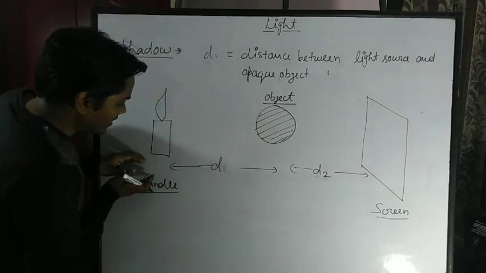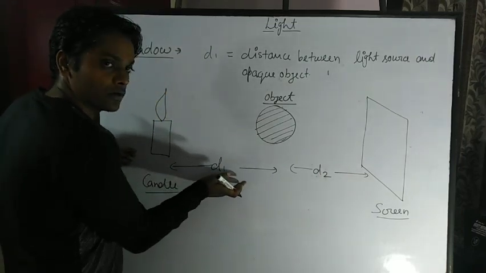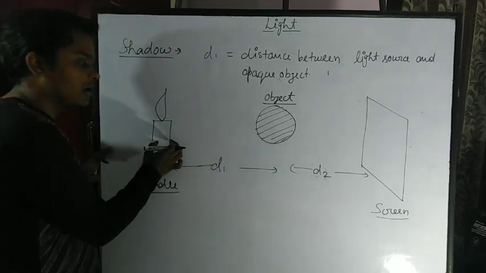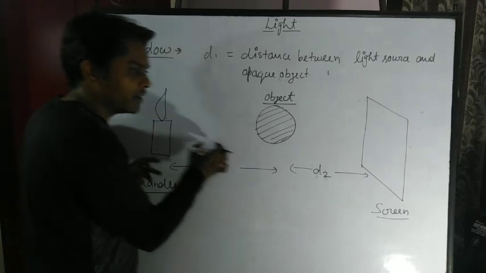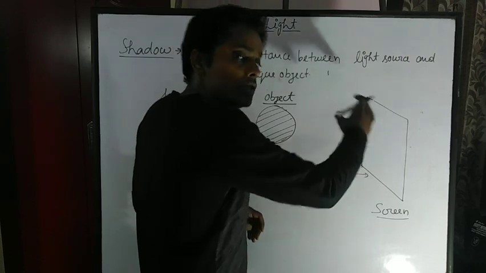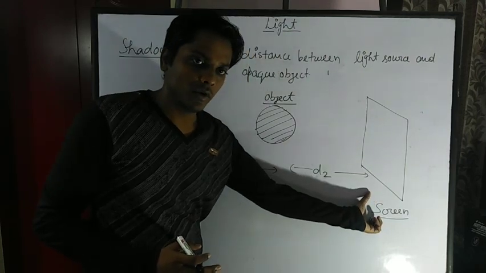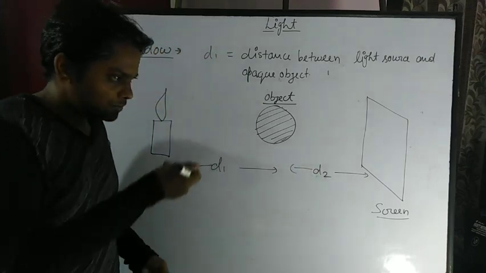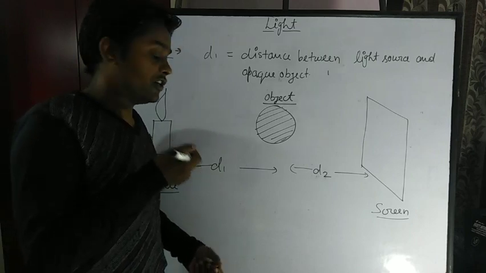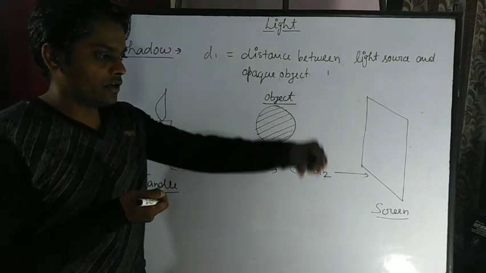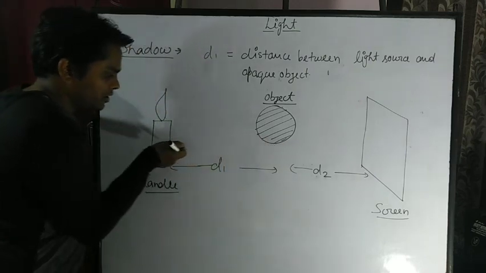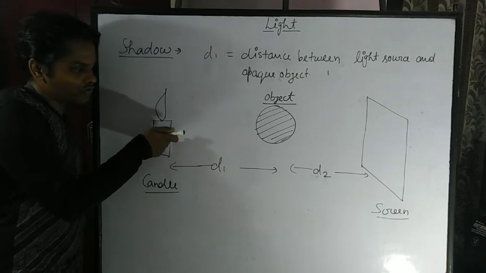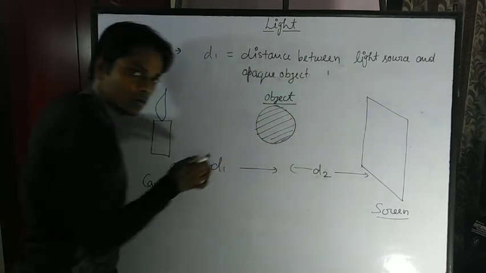When the object gets closer to the source of light, we will get a bigger shadow on the screen. You can practically see this at home also. When you take a torch in your hand, here is your torch, and when the light ray from the torch falls upon an object, you will get the shadow on the screen.